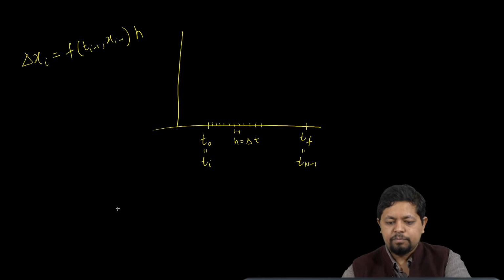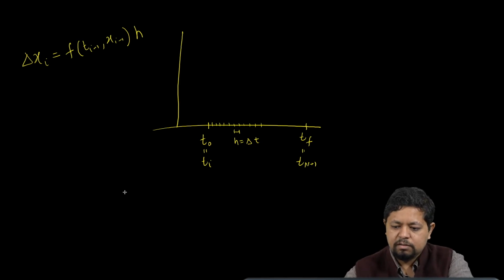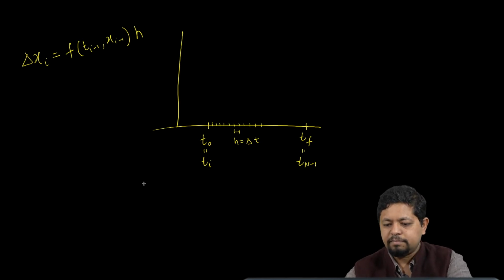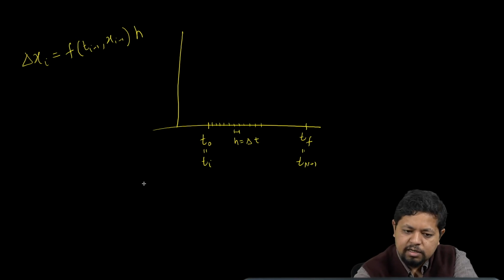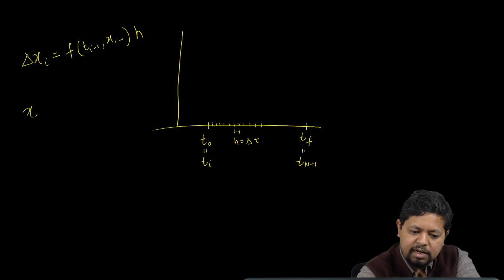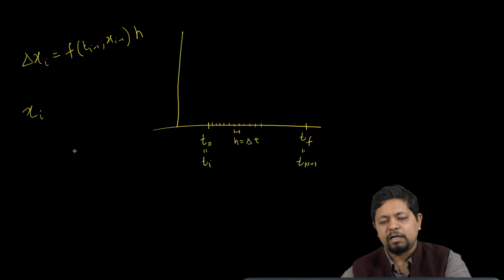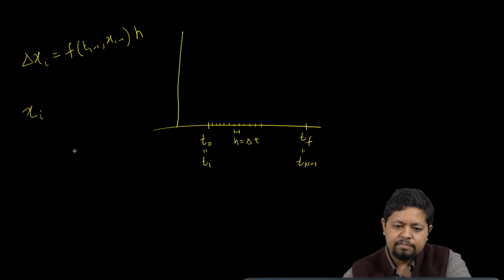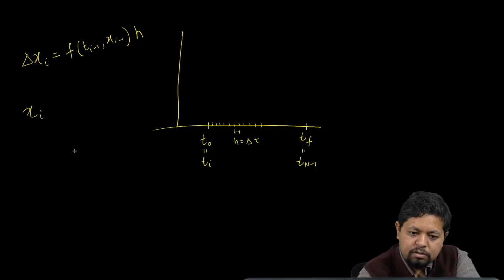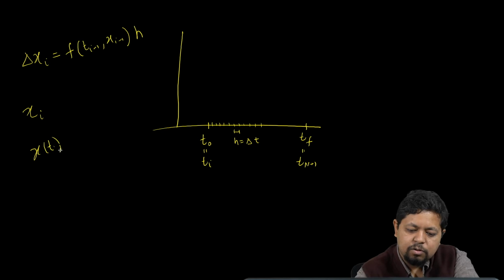Now, the question is, what is the size of the error? We are getting xi's by doing this process by building up steps. We are getting an xi, and we have got a solution from the integration, that is we have obtained solution x as a function of t. So, from this we can obtain what is x of ti.